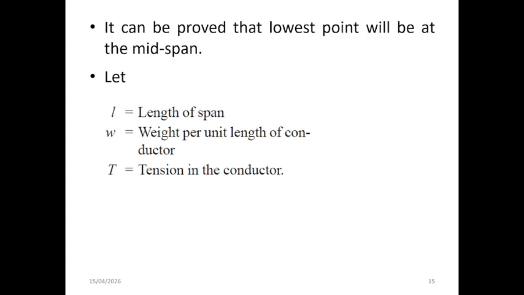And T is the tension in the conductor, which varies along its length and is essential for maintaining the conductor's shape and mechanical stability. These parameters are fundamental for calculating sag and tension in overhead transmission lines.